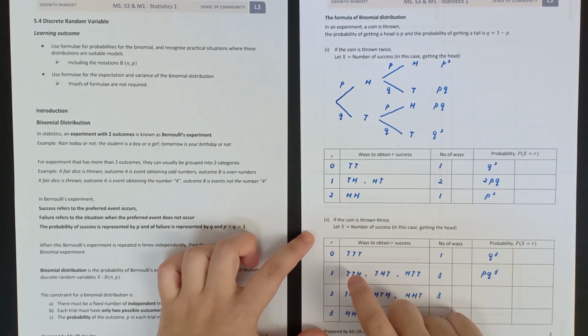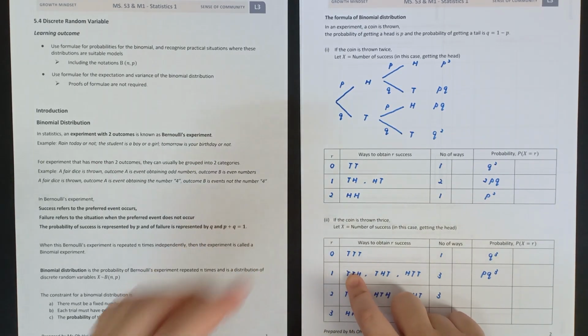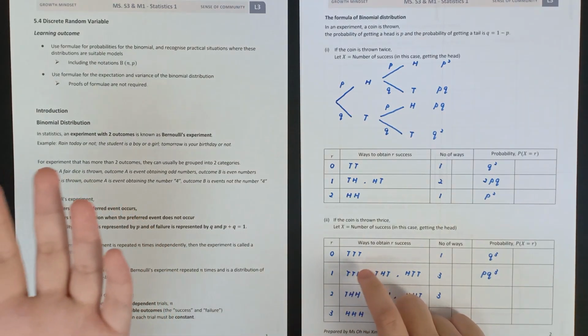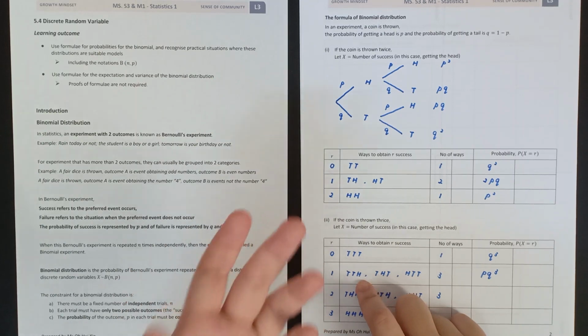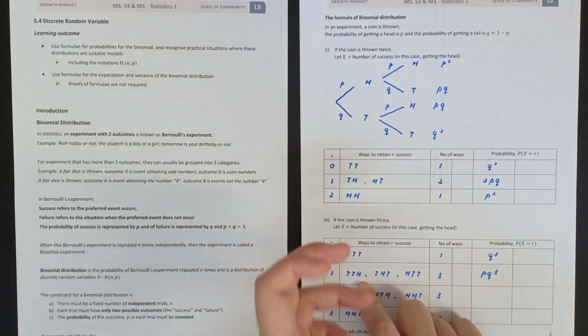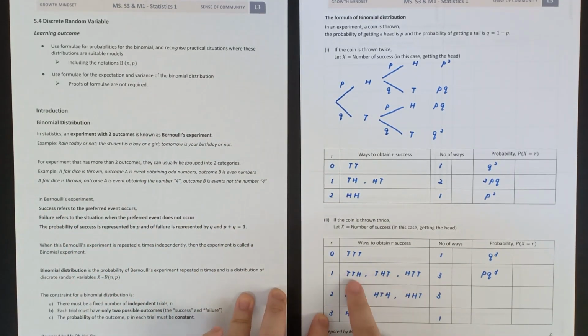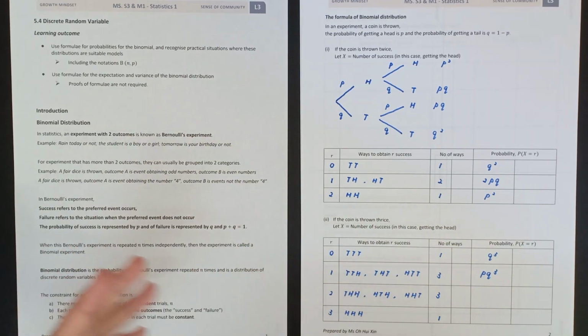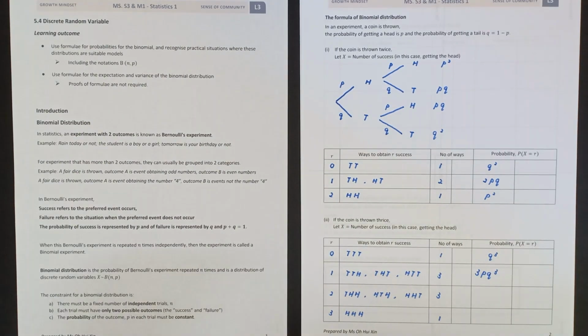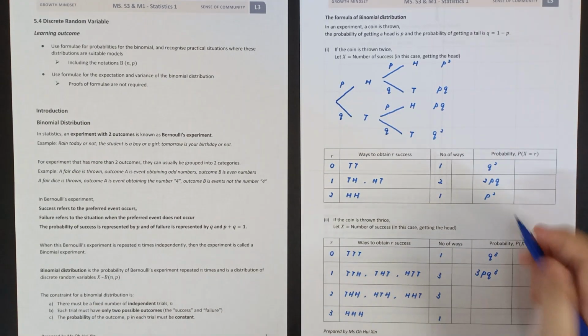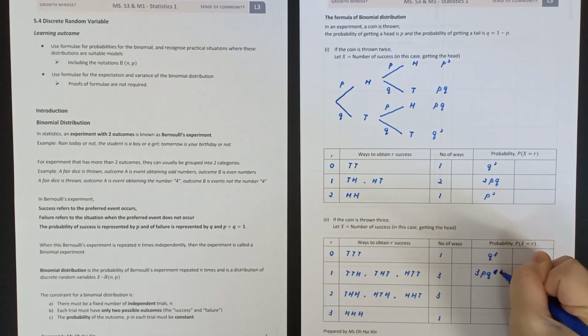Probability for me to get a tail is Q. Probability for me to get a tail is another Q. And probability for me to get an H is P. So that's why PQ square. And everything is the same, isn't it? My T and H still remain Q and P. So that's why it's going to be 3 times PQ square here.